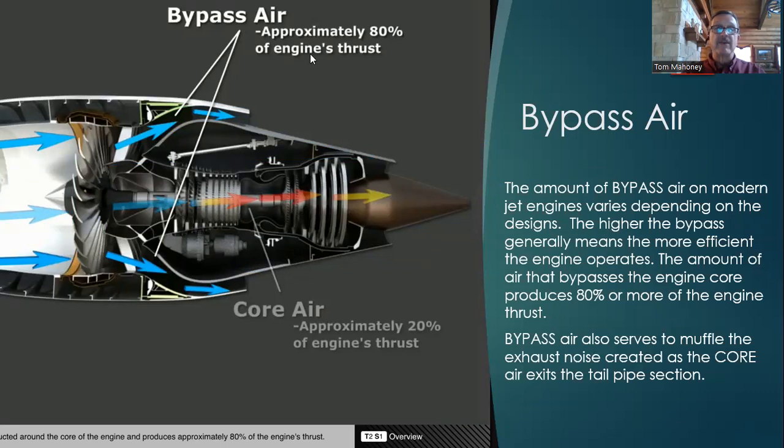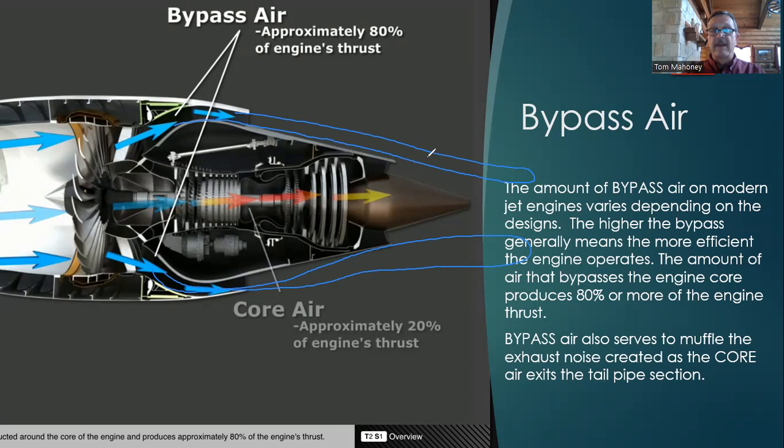It can be as high as 90% of the thrust, depending on the efficiency of the engine. Now, bypass air does something else that's rather interesting. Bypass air comes all the way around here like this. I'll just draw it this way. And it produces all that thrust, but it does something else.